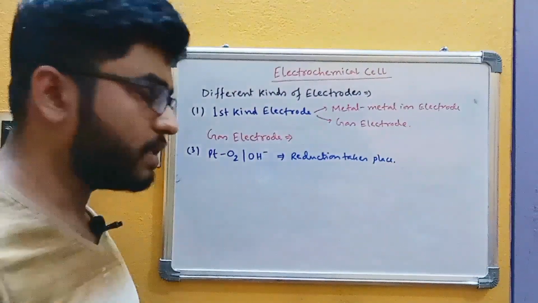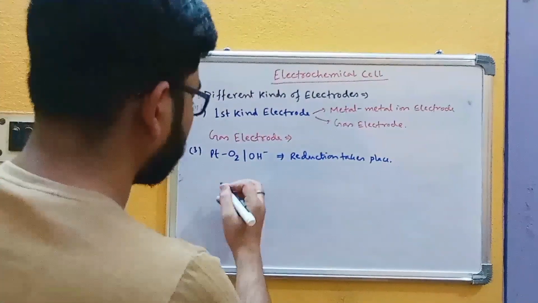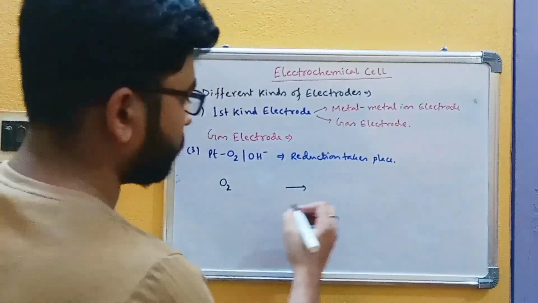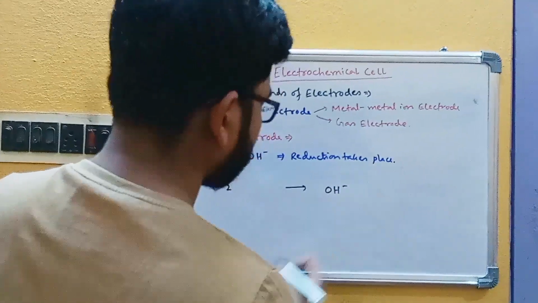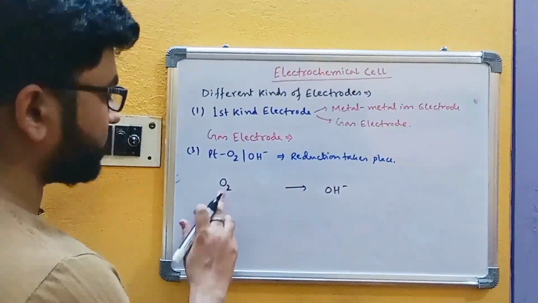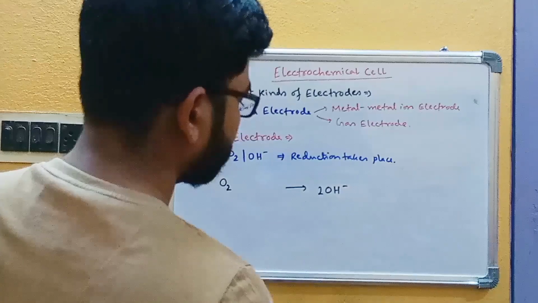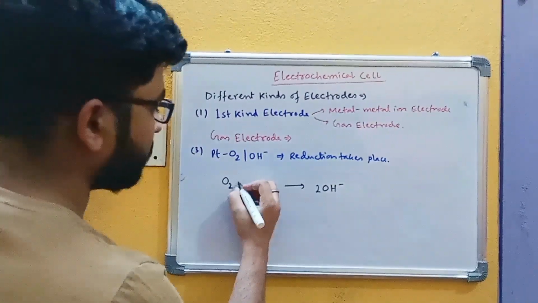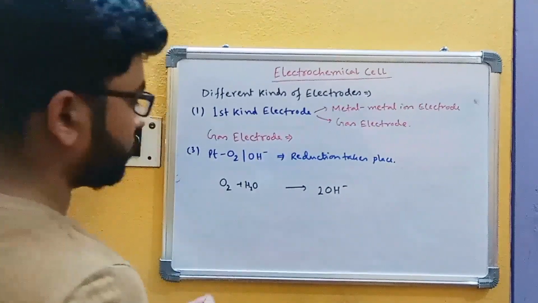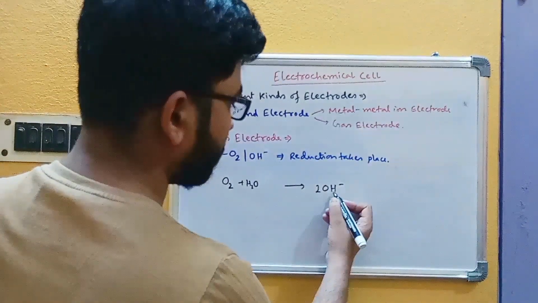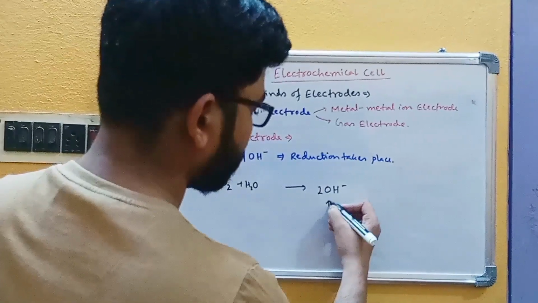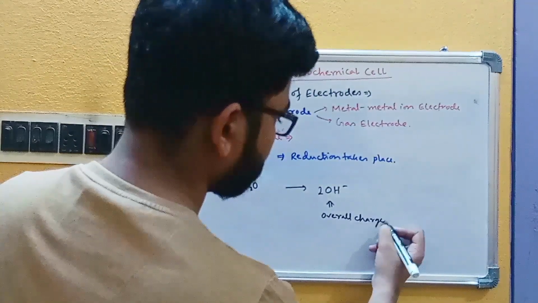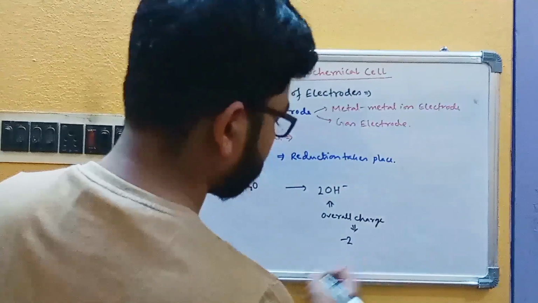Now look very carefully while I write the half cell reaction of this electrode. Firstly we write O2 here and we keep an arrow and we write here OH minus. And as 2 oxygens are there, so we write here 2. When we write 2, that means 2 hydrogens are there, then we add H2O molecule. We can see that here 2 OH minus is there, so the overall charge is -2.